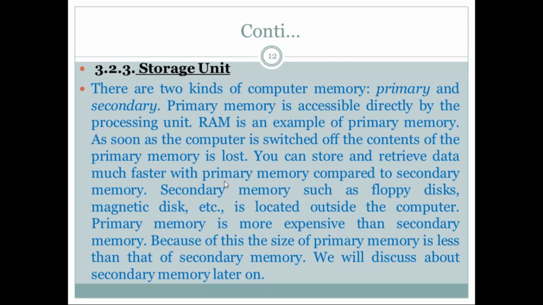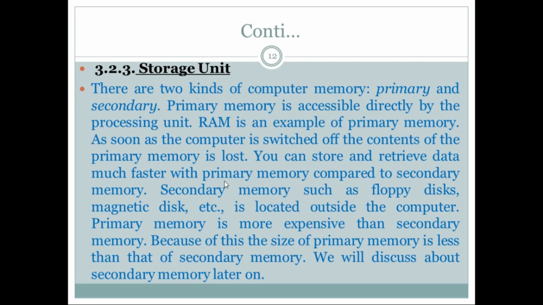Storage unit: there are two kinds of memory. Those are known as primary memory and secondary memory. Primary memory is accessible directly by the processing unit. RAM is an example of primary memory. As soon as the computer is switched off, the content of the primary memory is lost.